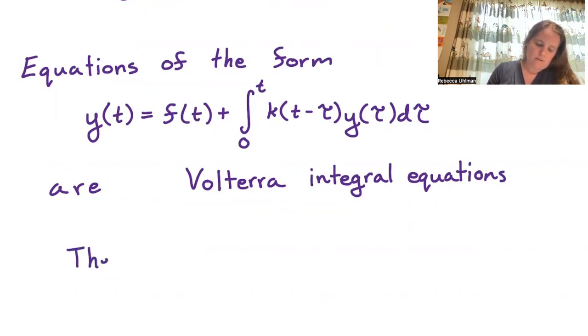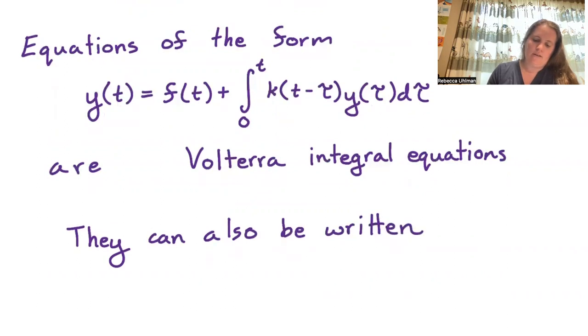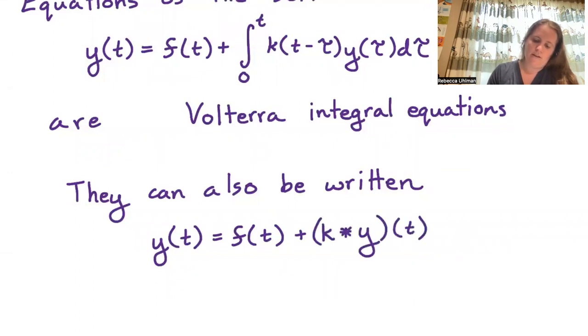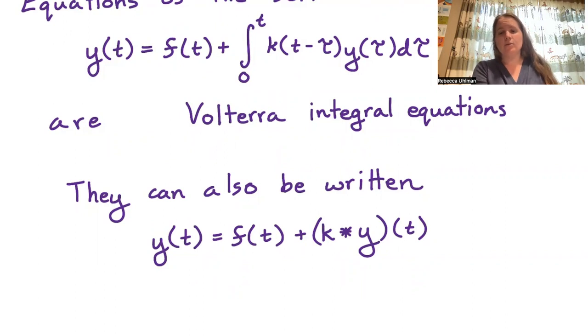They can also be written as y of t is equal to f of t plus the convolution of k and y evaluated at t. So if we have an equation of this form, we can use the Laplace transform and inverse Laplace transform to actually solve for that y of t.